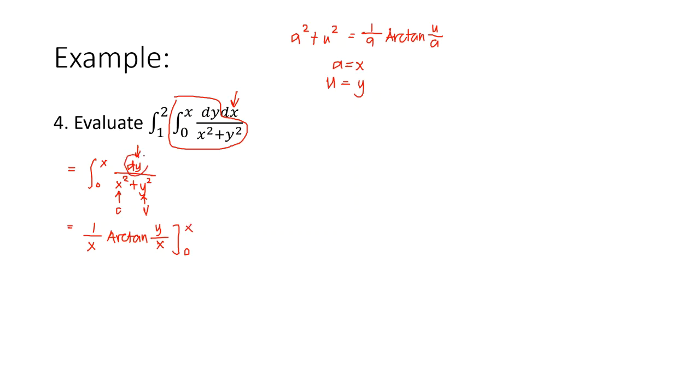Since we only integrate in terms of y, the limits will only be substituted to the variable y. So we have 1 over x arctan of x over x minus 1 over x arctan of 0 over x.